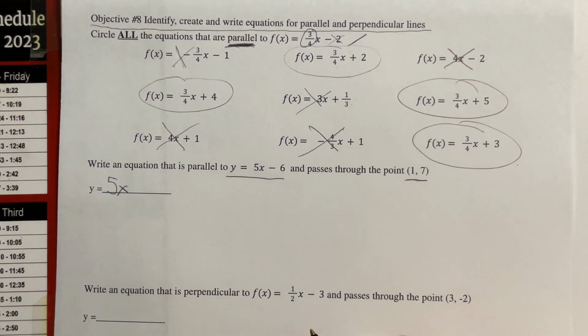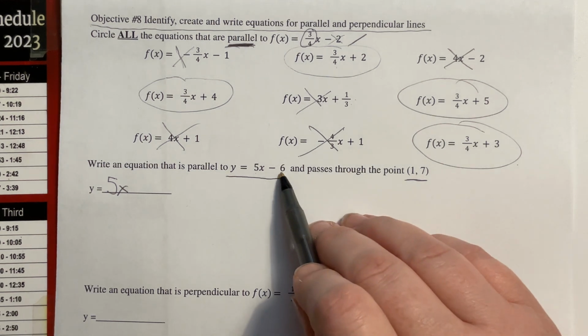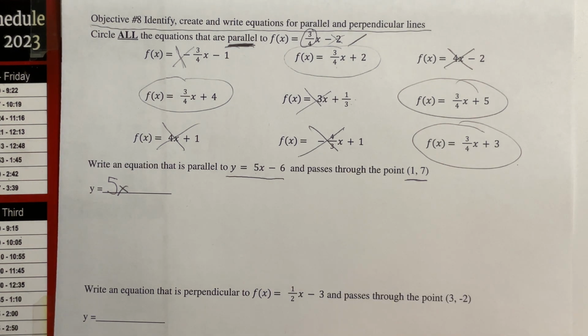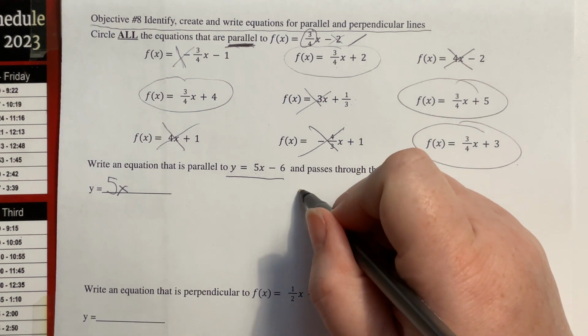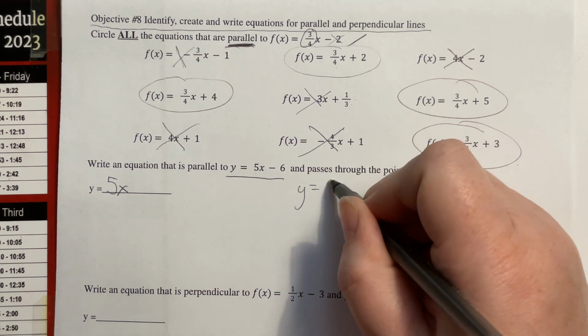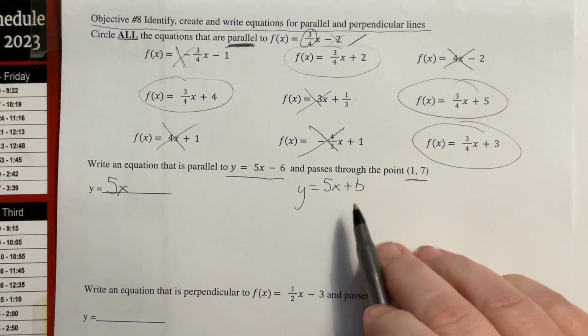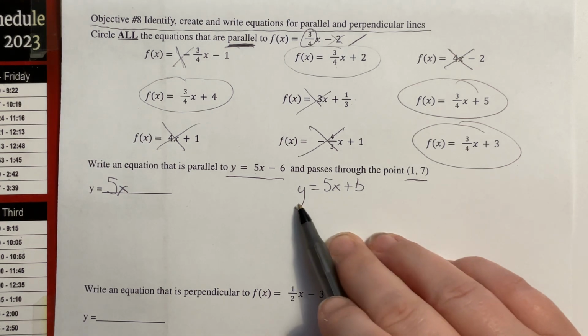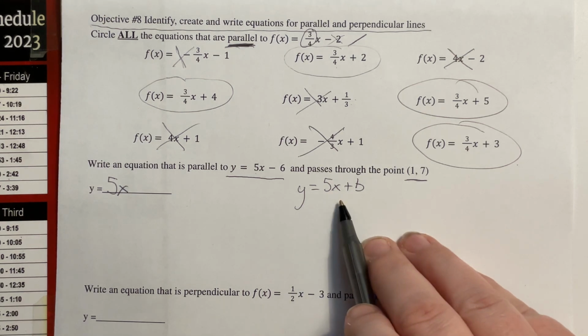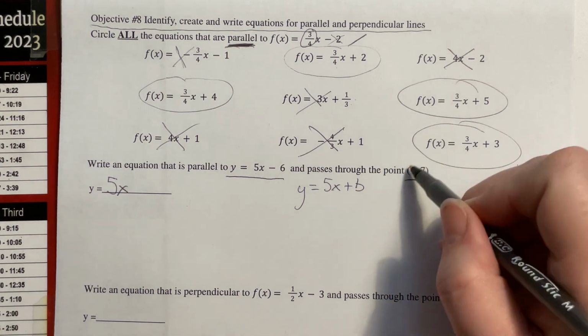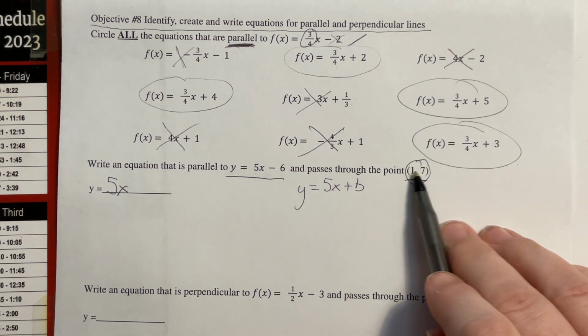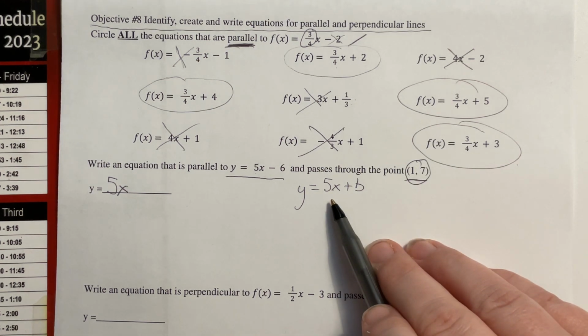The thing that we don't know is what the b is going to be. Okay? So it's going to be y equals 5x plus b. Now that's too many variables. We're not going to be able to figure that out. So we're going to use this point right here, and we're going to plug it into our equation. And that's going to tell us what the b is going to be.